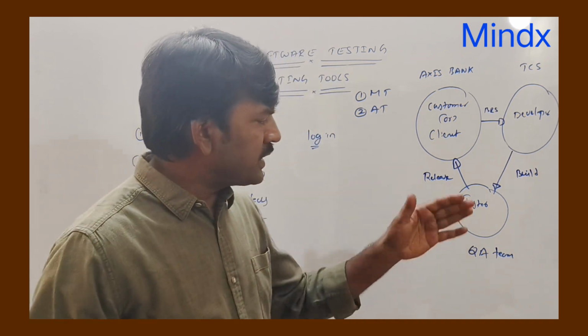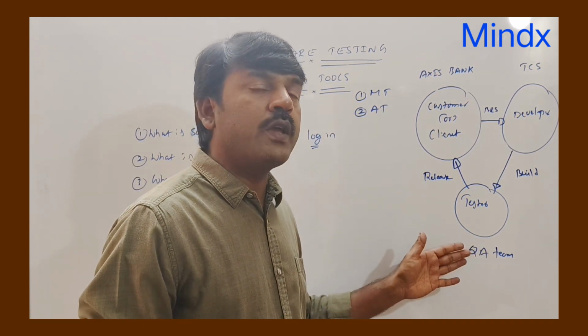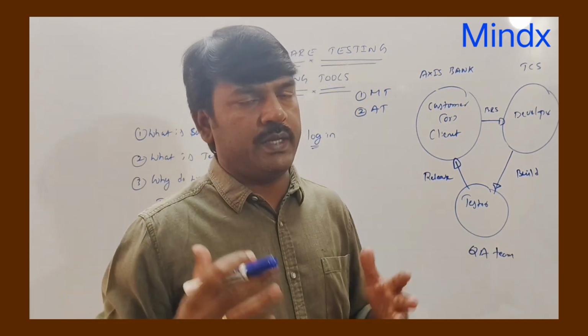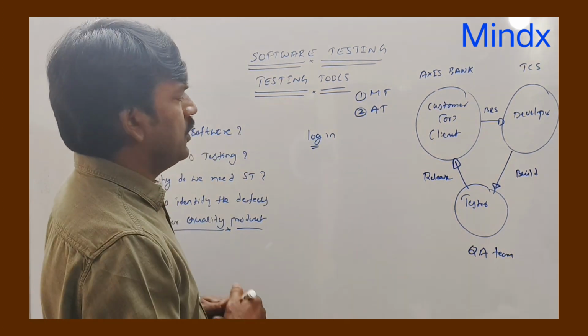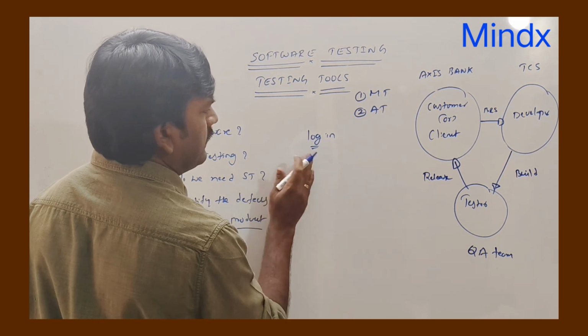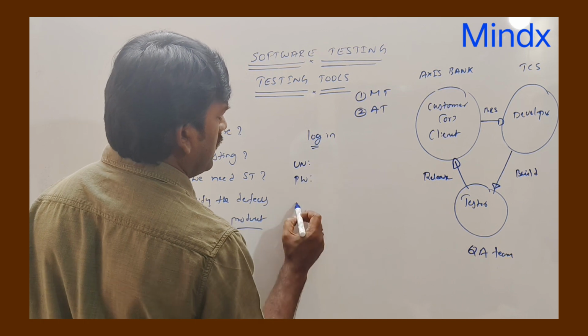But coming to tester point of view, testing point of view, from QA team, they are doing n number of test cases. That's called positive test cases and negative test cases. Now I'm doing those tests. Look, login page. You go for username. Next, password.